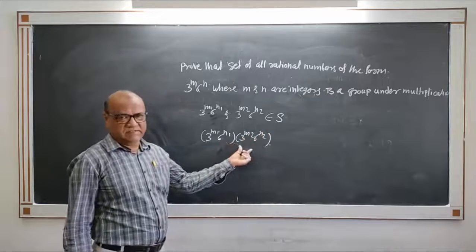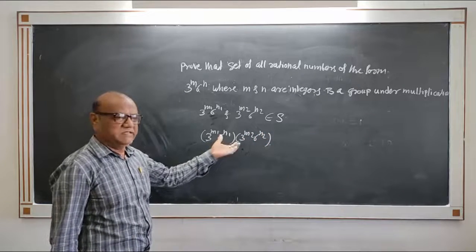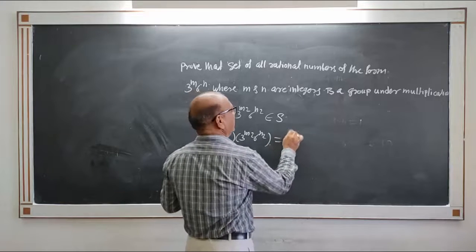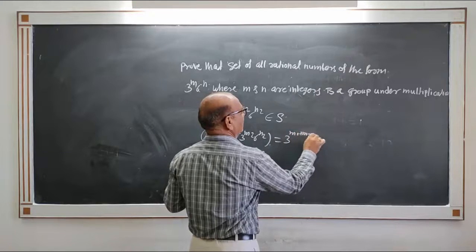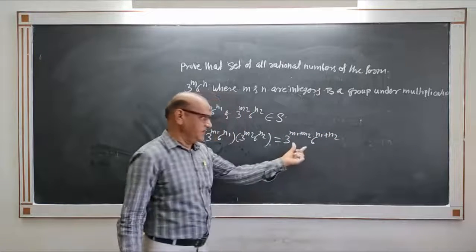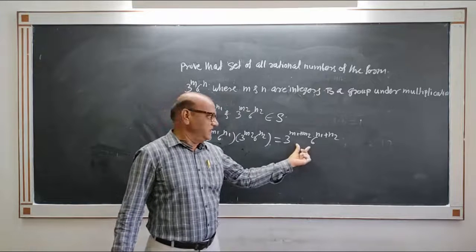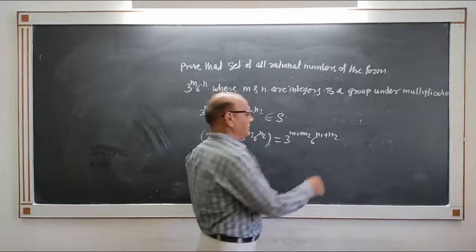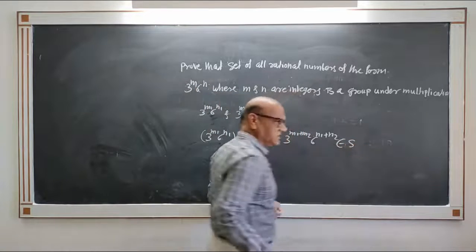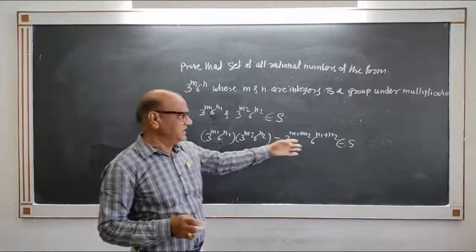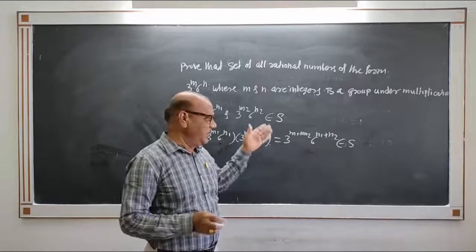These are rational numbers, and the product of rationals is commutative, so this gives 3^(m1+m2) 6^(n1+n2). Again this is an element of this form, so it belongs here. That means the closure property is satisfied.